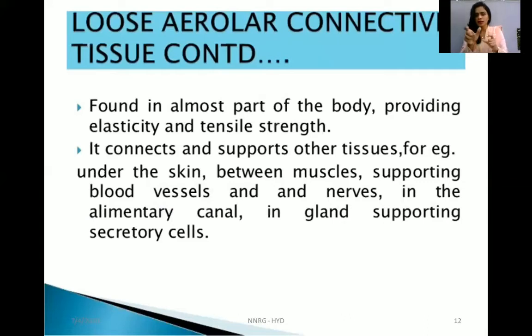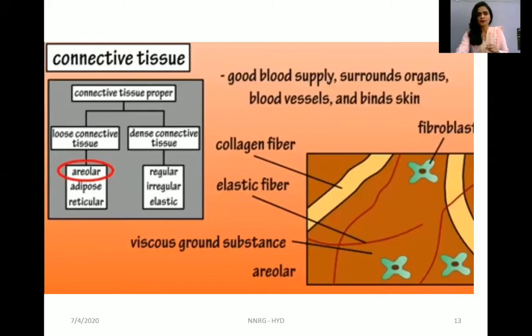So in all these places they give support and make the connectivity with the others. Majorly they support the underlying organs. That is the areolar tissue we discussed just now: it has both elastic fibers and collagen fibers, and the cells that are abundantly present are the fibroblasts, which produce the components for the viscous ground substance, and usually they have a very good supply of blood.